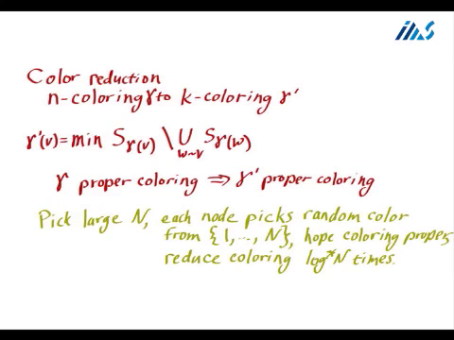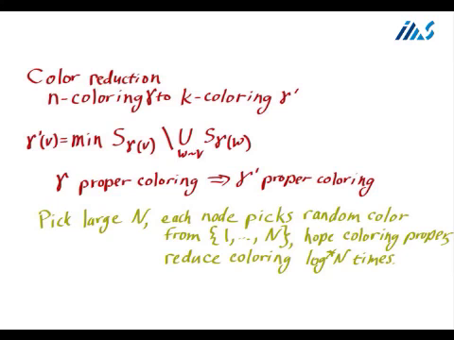Okay, so if you have a proper n coloring, gamma, you can turn it into a proper k coloring, gamma prime, according to this color reduction formula. So gamma prime at a vertex v becomes the smallest element of S of gamma of v, excluding the S of gamma of w's, where w ranges over the neighbors of the vertex v.